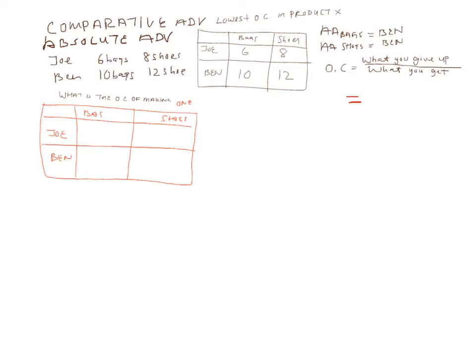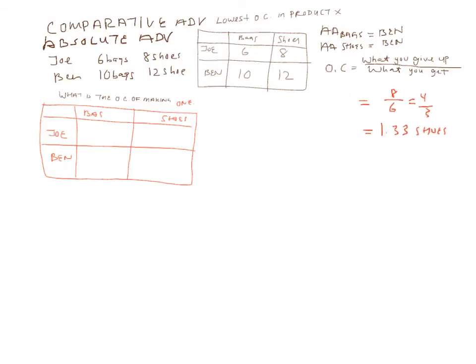If Joe wants to make just bags, he can make up to 6 bags, but he will give up 8 shoes. That's Joe's opportunity cost. You can make it 4 over 3, you can make it 1.33 shoes. These are all correct answers. If your answer is 8 over 6, it's correct, 4 over 3 is correct, 1.33 is correct.